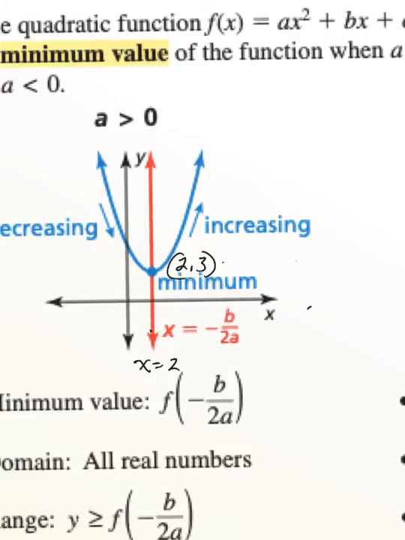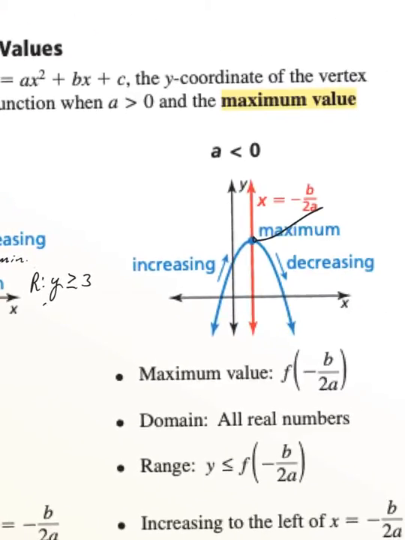And the minimum value is the y value, because this is at y equals 3. This is the bottom of the graph, so we'll call the 3 the minimum. If the minimum is 3, then the graph is everything above it, so the range is y is greater than or equal to 3. So finding the maximum or the minimum allows me to know what the range is.